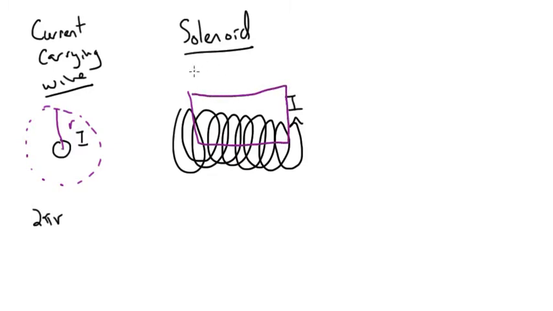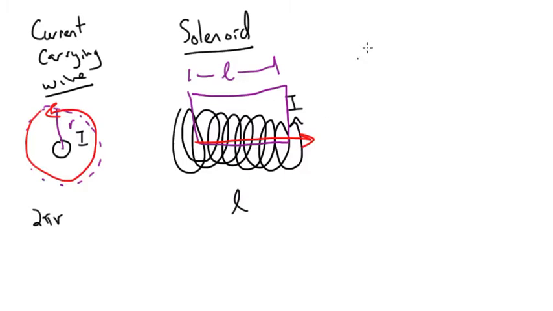So it's going to be a length L, and this length right here won't matter because by symmetry, the magnetic field here is everywhere around this loop, and then here the magnetic field is going to be going this way.